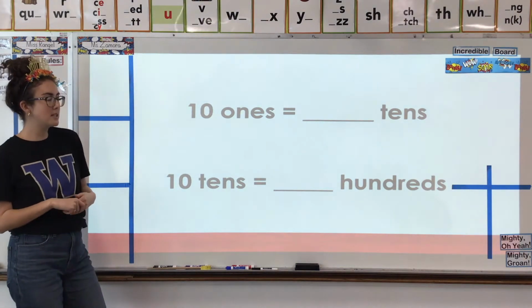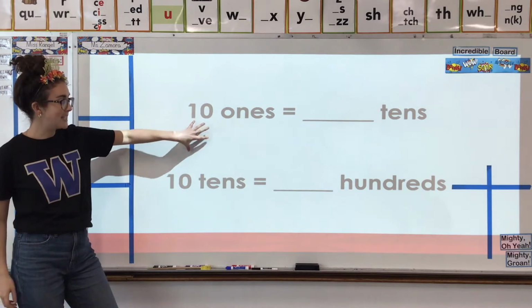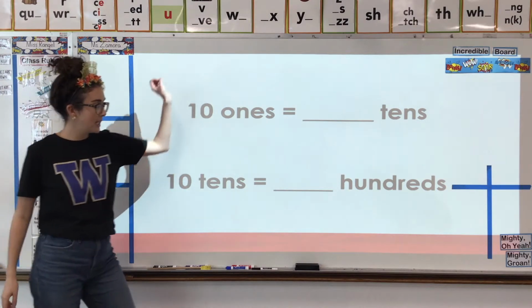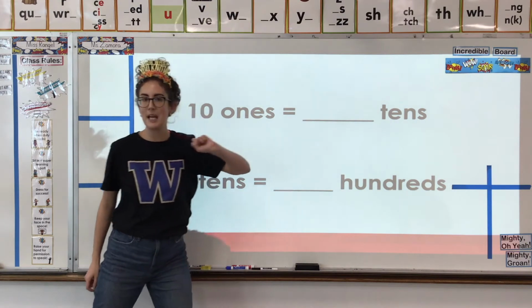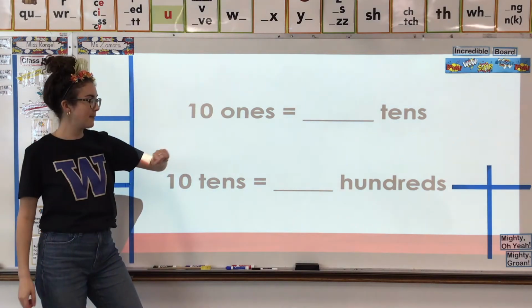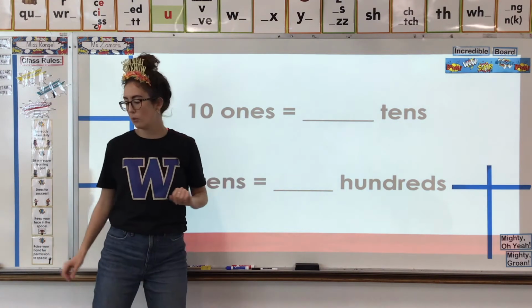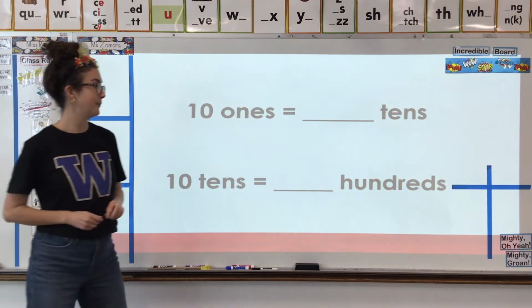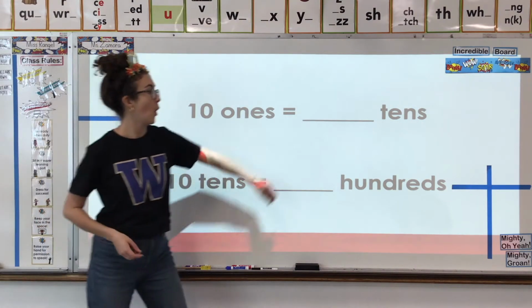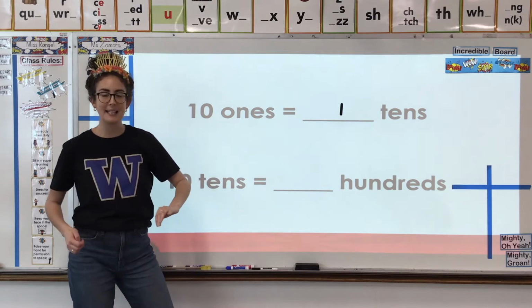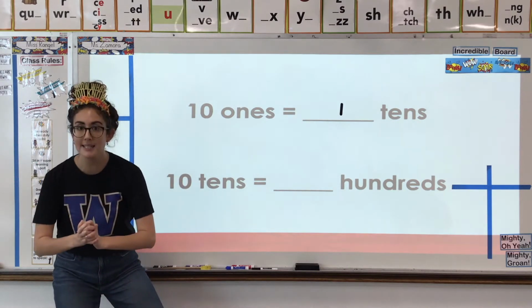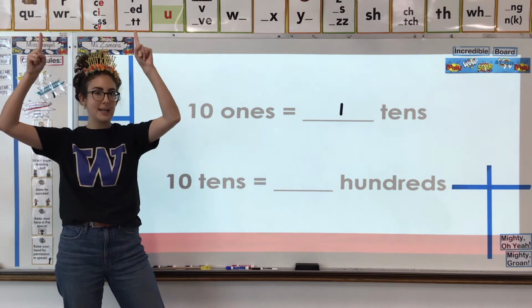So can we review this, awesome people? We have 10 of a smaller unit equals how many of a bigger unit? What did we just say? 10 ones equals how many tens? 1 ten, exactly. 10 ones equal 1 ten.